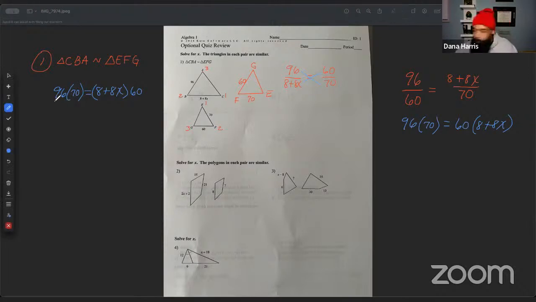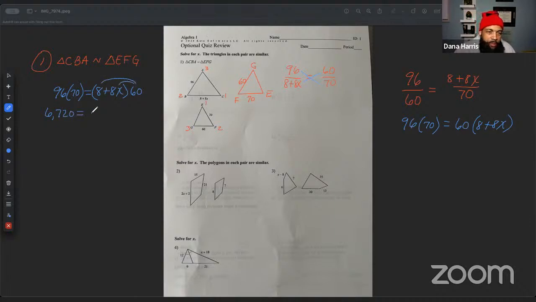All right, so when I do 96 times 70, I don't have my handy dandy calculator, so I'm gonna use my phone. That gives me 6,720. And then that's equal to, now I've got to distribute this 60.